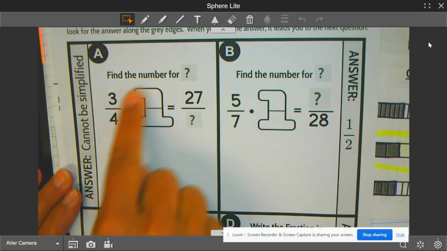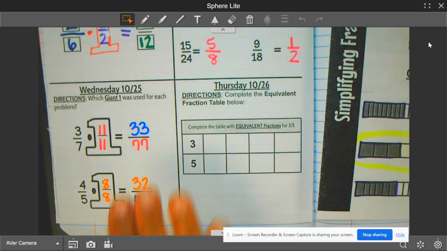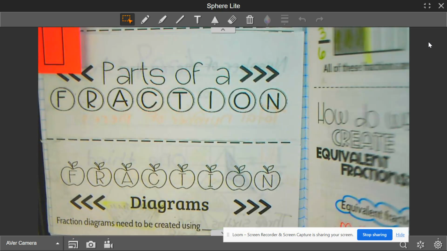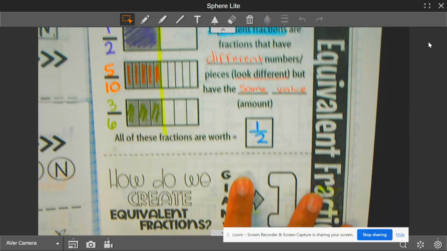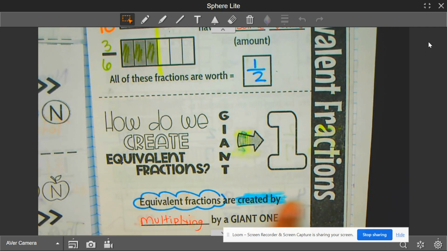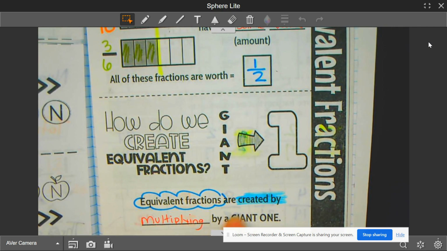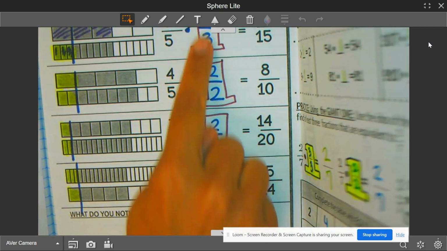Here we have multiplying by a giant 1. If anyone is stuck or the team is stuck, take a look at page 35 in your notes, where we are creating equivalent fractions by multiplying by a giant 1. Here are the example problems.